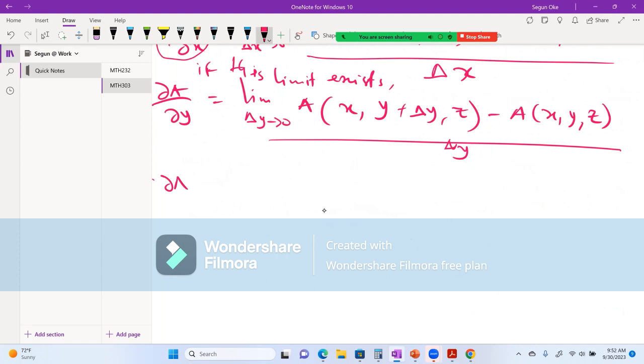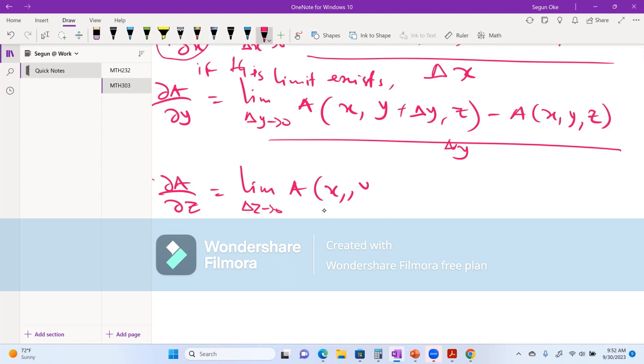Limit as change in z tends to 0 of A of x comma y comma z plus change in z minus A of x comma y comma z, over change in z.